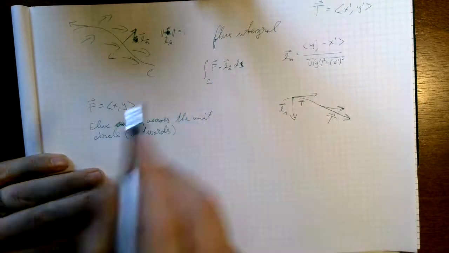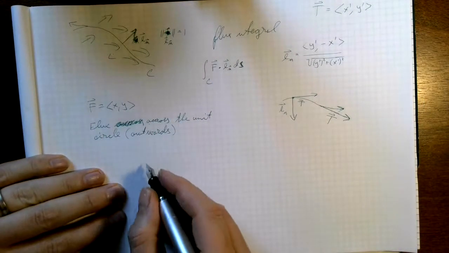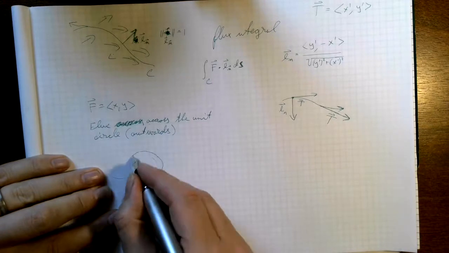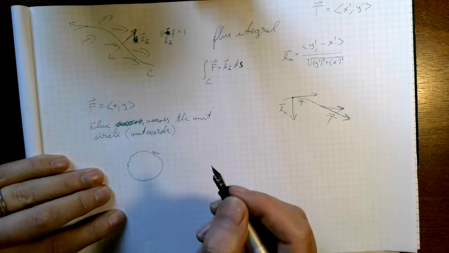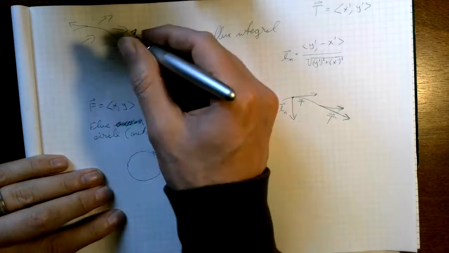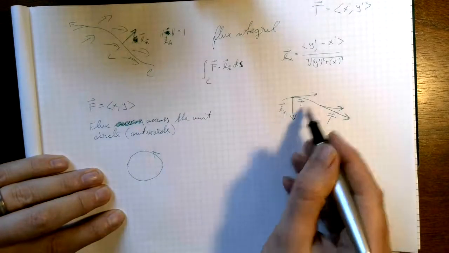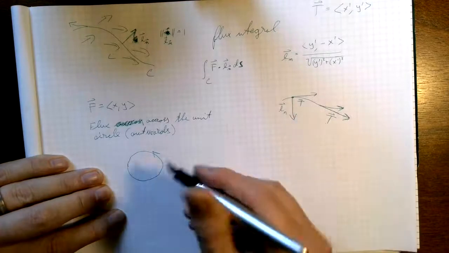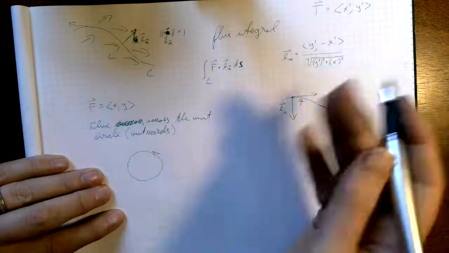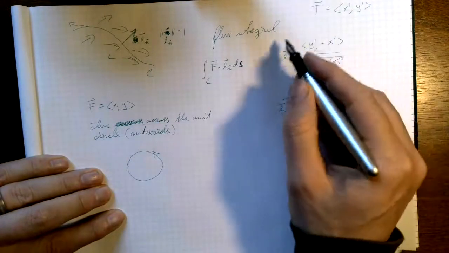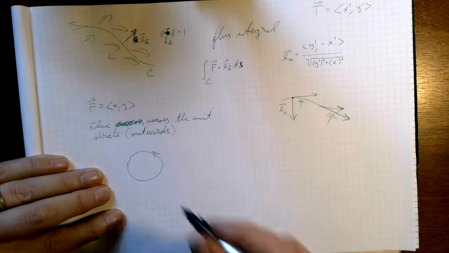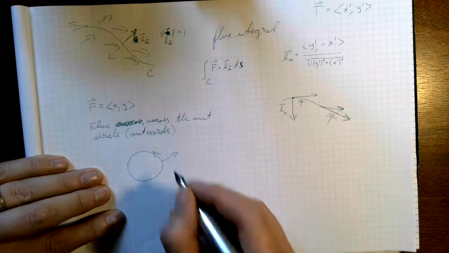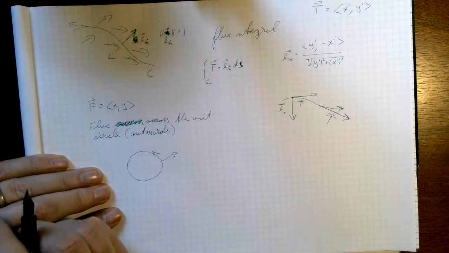So anyway, we have this unit circle. We can parameterize counterclockwise, because as we saw over here, this formula will move 90 degrees to the left. So if I move 90 degrees to the left, I'm pointing outside.